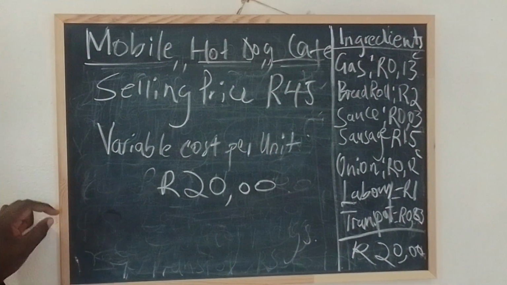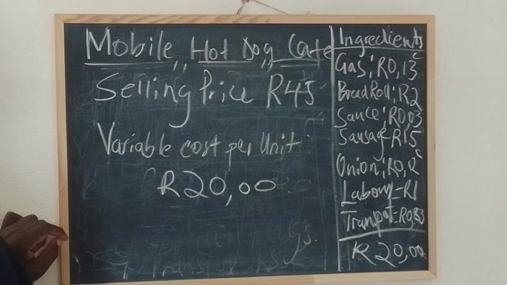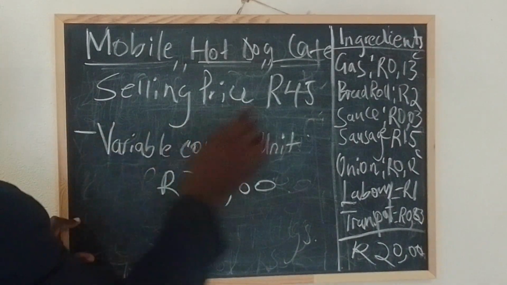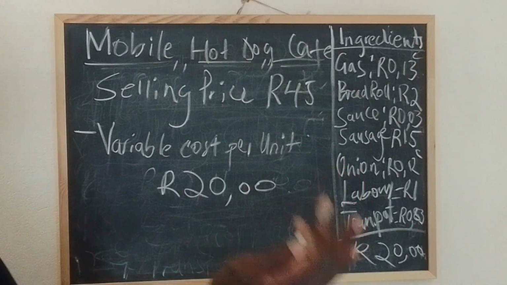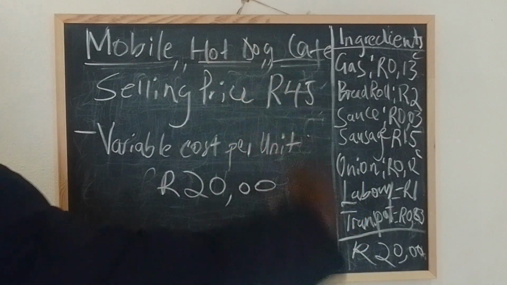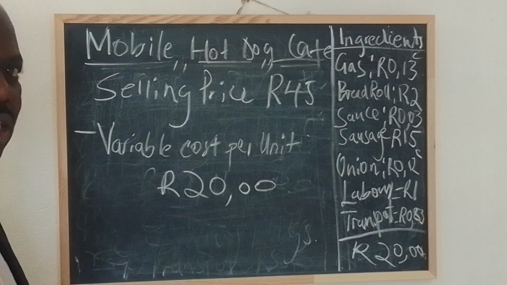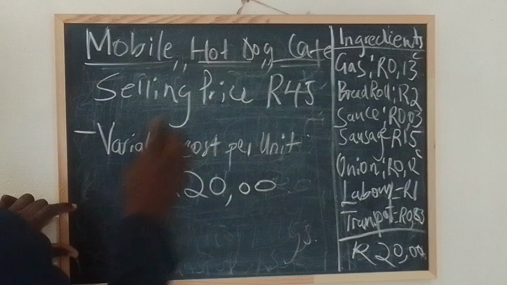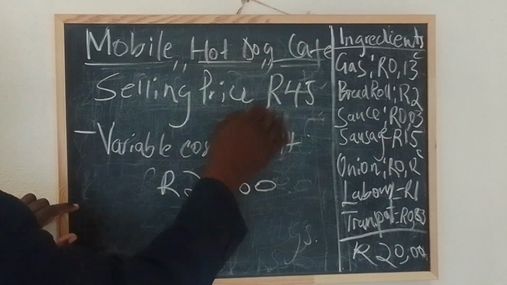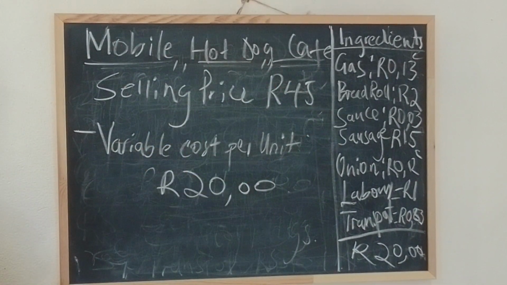So what is the markup? You have added 25 rands. You want 25 rand gross profit per hot dog. So your markup is 25 rands, it comes to 45.